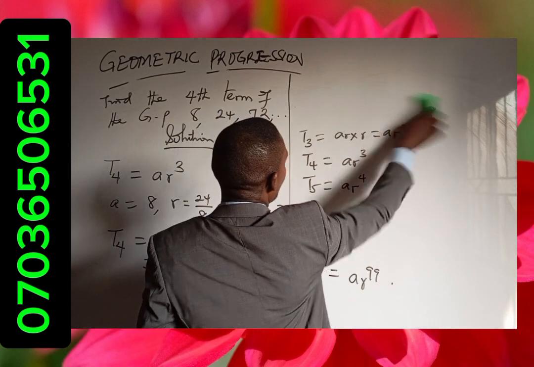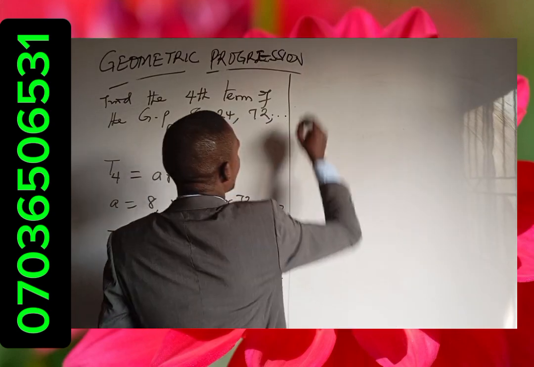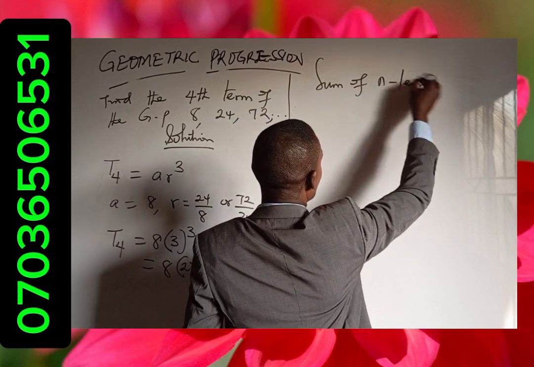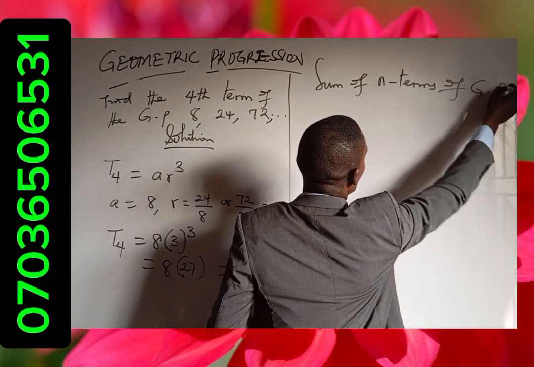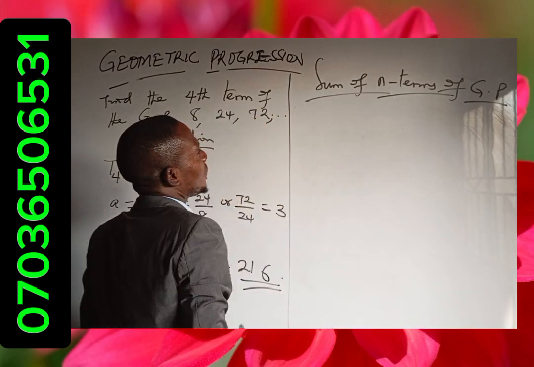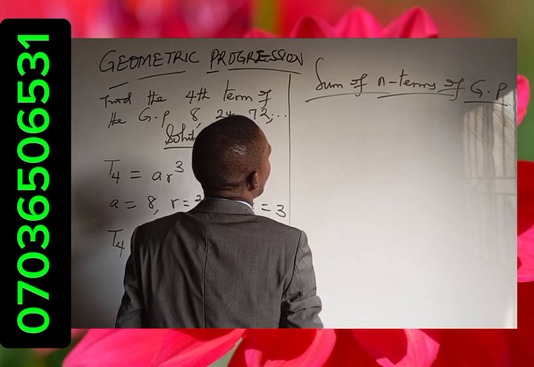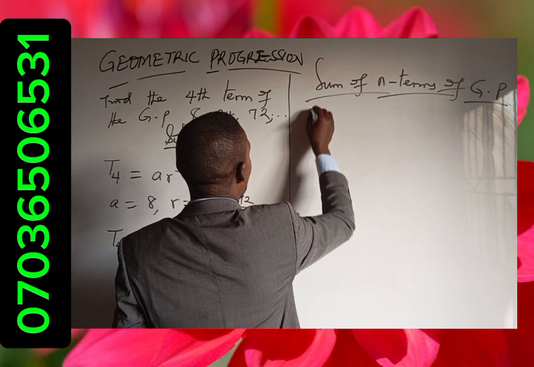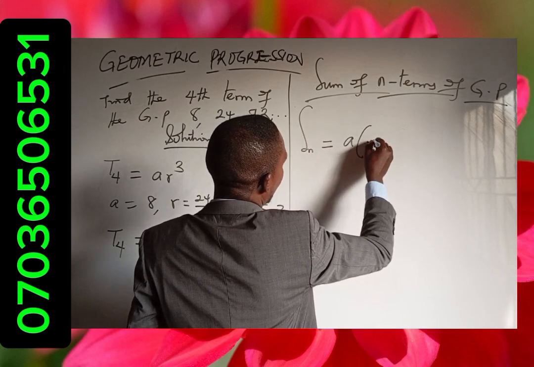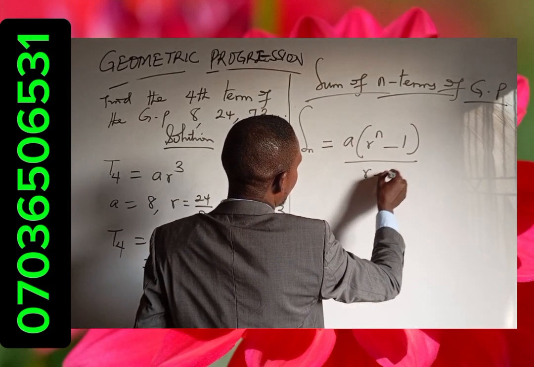Next thing is the sum of n terms of GP. The sum of n terms of GP is given by S subscript n equals A, open bracket, R raised to power n minus 1, everything divided by R minus 1.